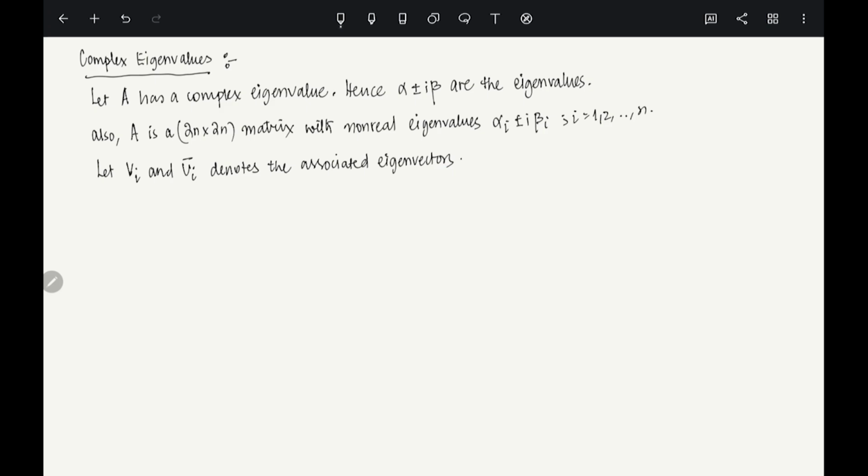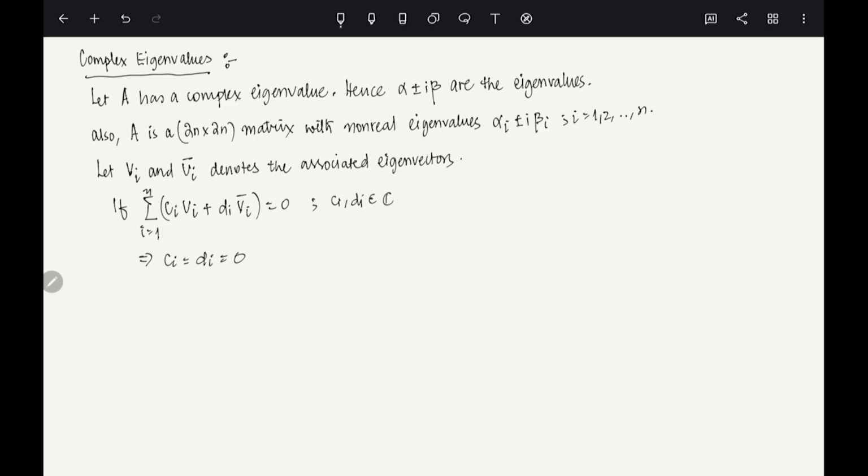Now the thing is this, let's say the summation of Ci Vi plus Di Vi bar is 0, i equals 1 to n, and Ci, Di are in the complex numbers C. Then that will imply that Ci equals Di equals 0, right? That is easy to see.